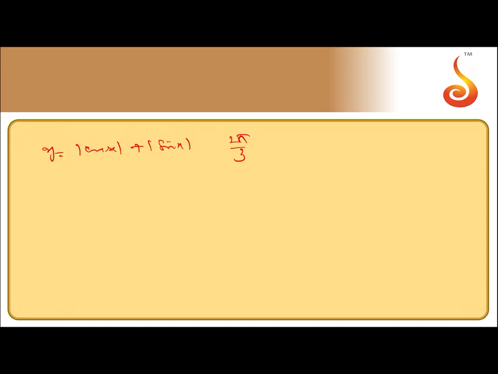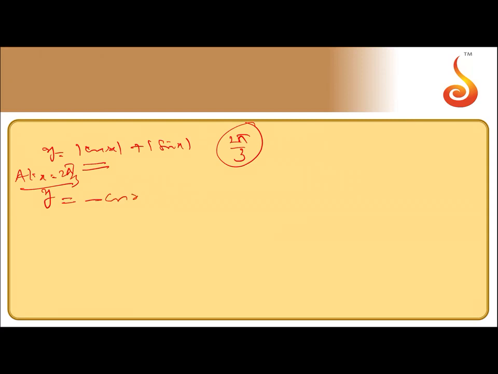Derivative at the point 2 pi by 3. But at the point 2 pi by 3, in the second quadrant, cos is negative, sin is positive. So why don't you take up now the left of 2 pi by 3 and the right of 2 pi by 3.